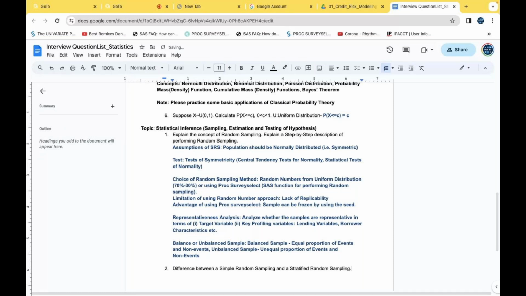Now, when I talk about the difference between a simple random sampling and a stratified random sampling, obviously the difference lies in the usages. Let's say you have a data set where you want the representation of specific categories to happen. Let's say you are building a regulatory model.